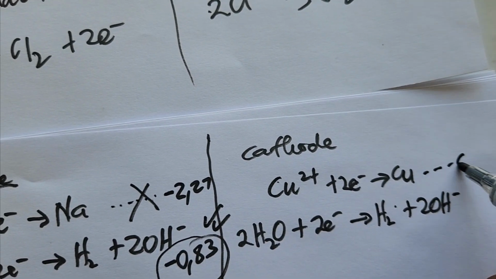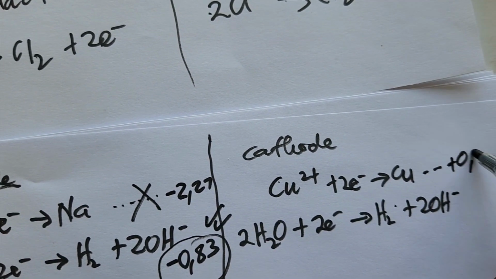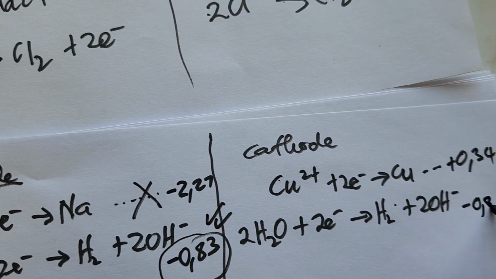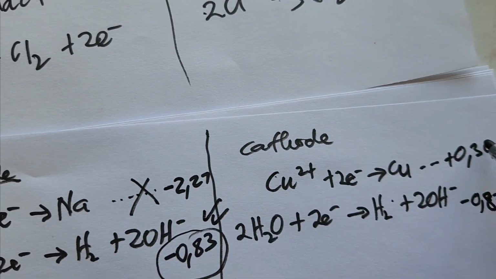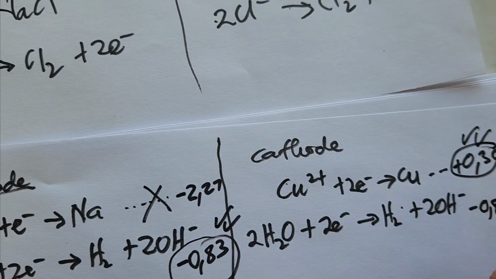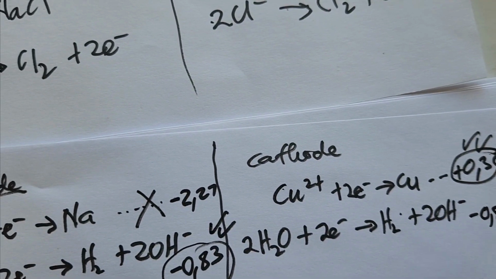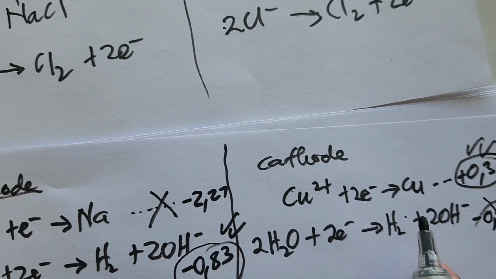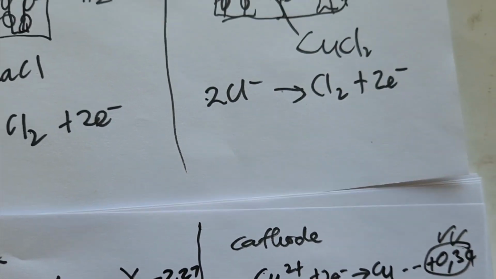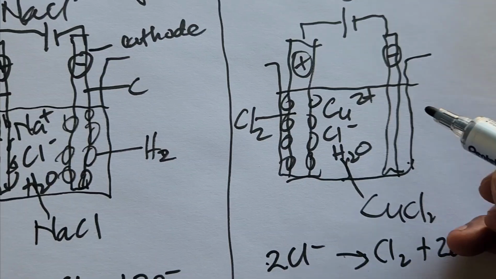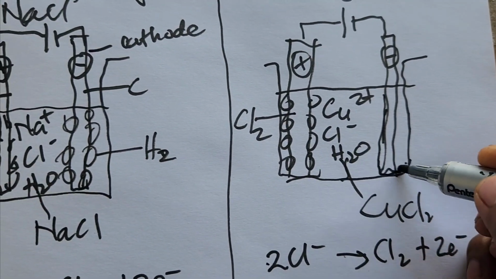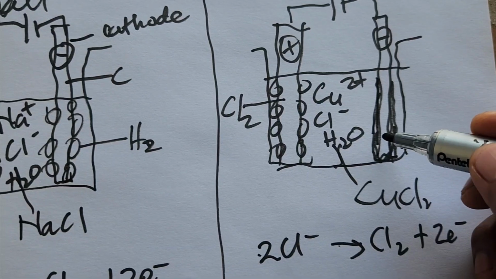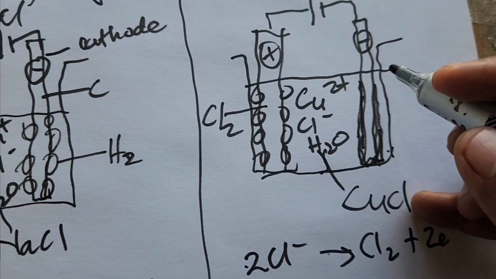We check the electrode potentials. Copper has positive 0.34, whereas water has negative 0.83. Which one is the big boss? Copper. Therefore, water will not be reduced in the presence of copper, so the water reaction won't take place. Instead of a gas at the cathode, a layer of copper will form. So copper will be reduced here to form that layer of copper.